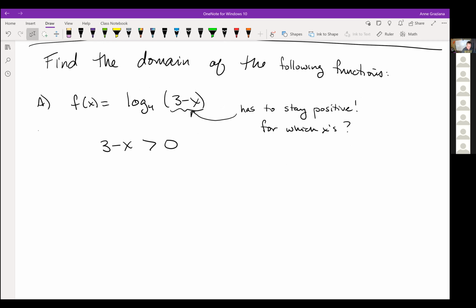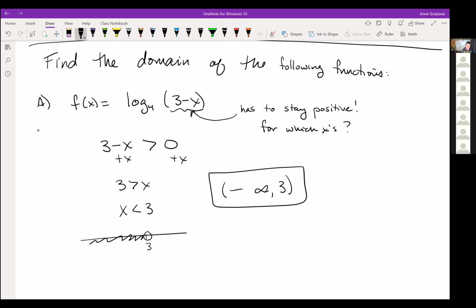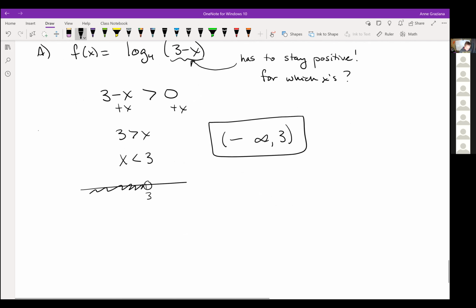All right. So I add x to both sides, but that's the same as saying x is less than 3. You guys see that? Same statement. Here's 3, not included, everything less than. So negative infinity to 3 is your domain, not including 3. Any questions? All right, let's try another one.